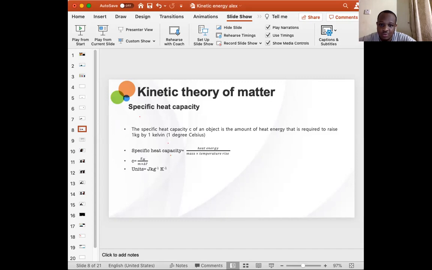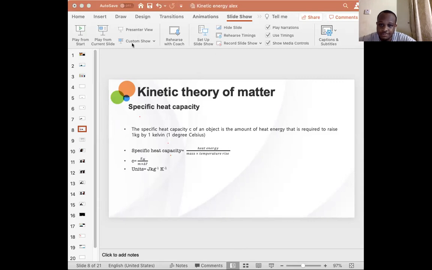Now, the specific heat capacity of an object is the amount of energy that is required to raise 1 kilogram by 1 Kelvin, or we could also say 1 degree Celsius. So in this case, we're now seeing how mass is involved.